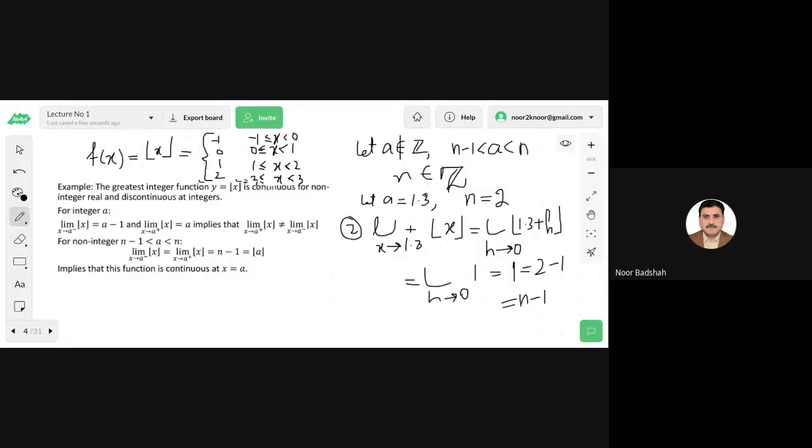In that case, it is also 1, and on applying the limit, there is no h involved in it, so we'll get 1 back. That is 2 minus 1, or n minus 1. So the right hand limit is also equal to n minus 1. The left hand limit is n minus 1, the right hand limit is n minus 1, and the value at that point is also n minus 1. So all three conditions are satisfied. Therefore, the function is continuous at non-integer values. So that's the proof for it.